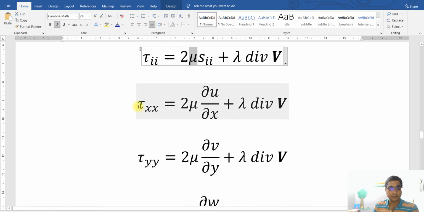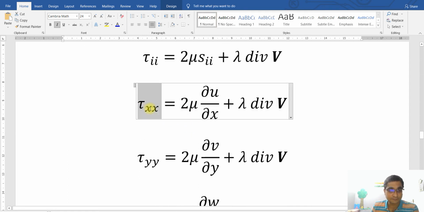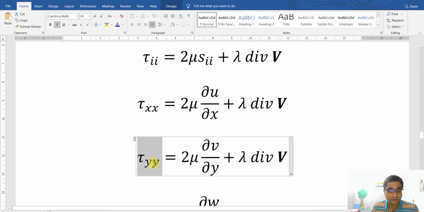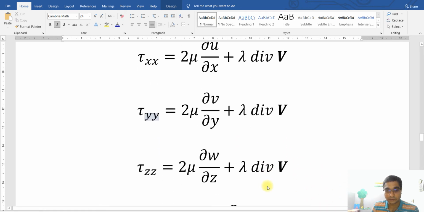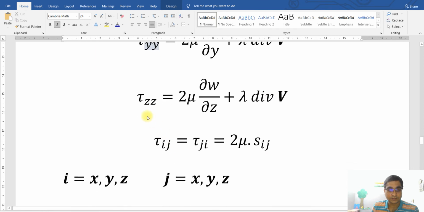So this is the x deformation in the x plane; for the y deformation in the y plane, you can write it like this: 2 times mu ∂v/∂y plus the volumetric deformation. And in the z plane, like that.